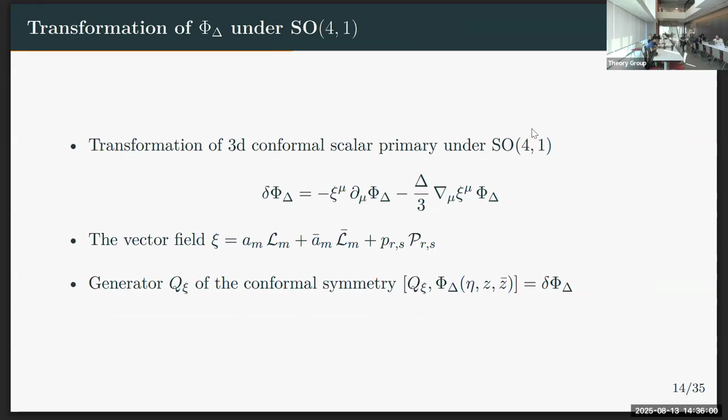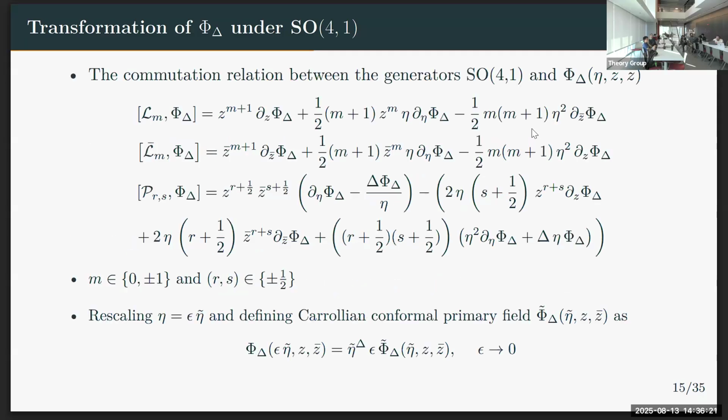That's the derivation I do in these slides. I can define this Qi as the conformal symmetry operator, and the variation of delta phi will be a combination of this Qi with phi. And these vector fields can be linear combinations of this curly LN and curly L bar N, which I defined previously.